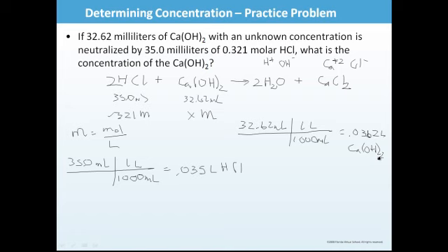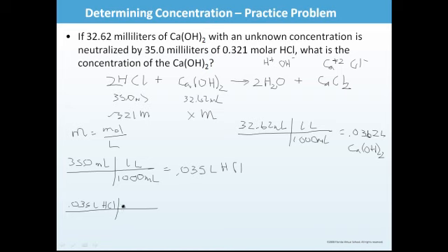Okay, so now we can actually do some stoichiometry here. Now we've got everything in the correct units. All right, so we're going to take the volume of the HCl, and we're going to multiply that by the molarity to get the moles.